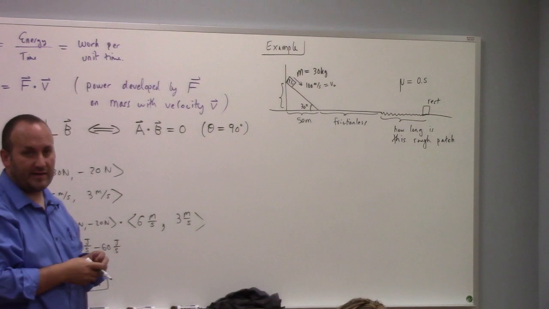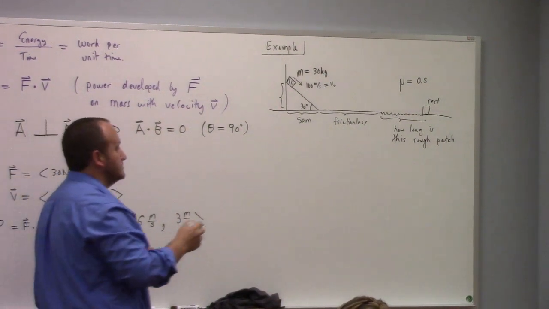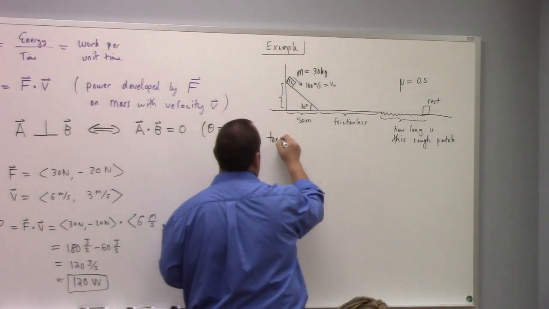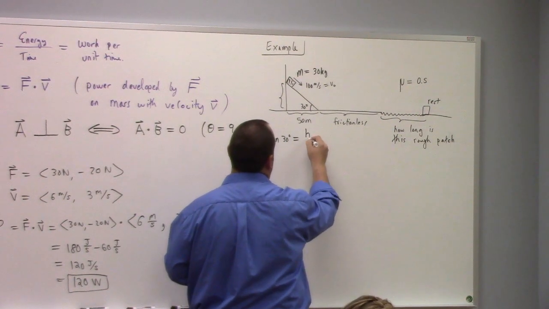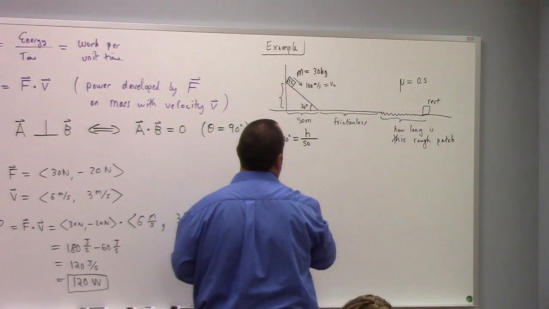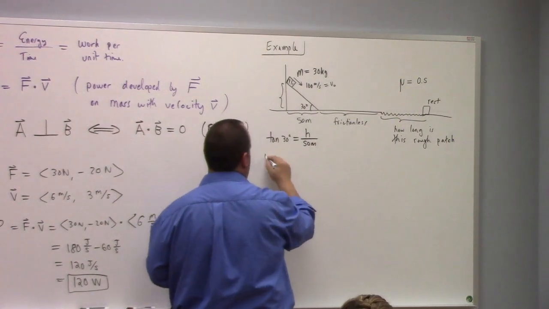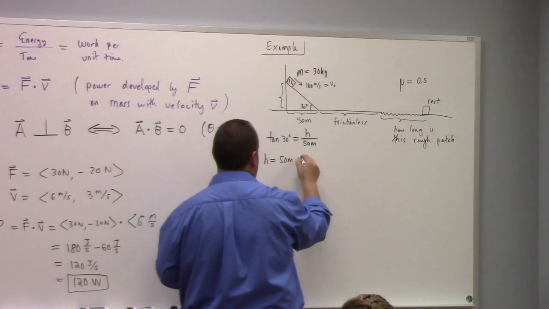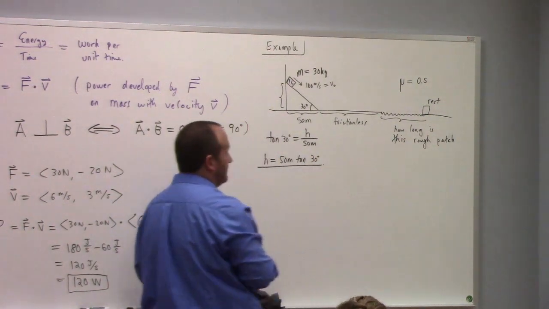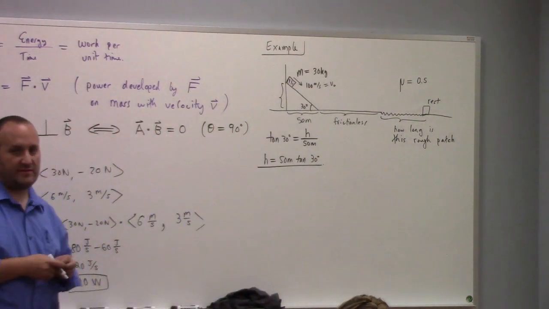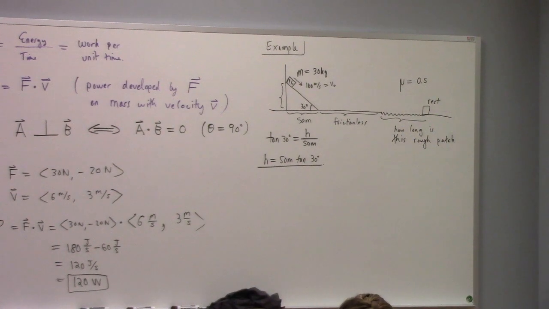What's the other leg equal to? Tangent of 30 degrees is equal to the thing we don't know, which we'll call h, divided by 50, right? So h is equal to 50 meters times the tangent of 30 degrees. Point number one: we can figure out the potential energy from the distance which was given.